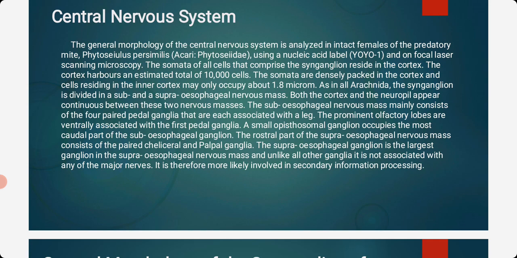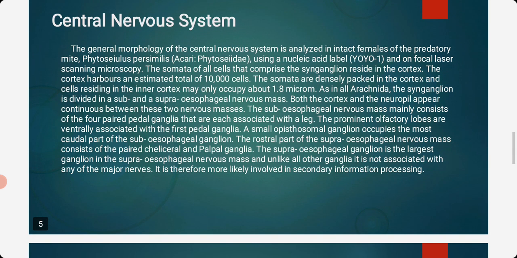So, yung parehong cortex at neuropil ay nag-appear continuously sa gitna ng sub and supraesophageal nervous masses.